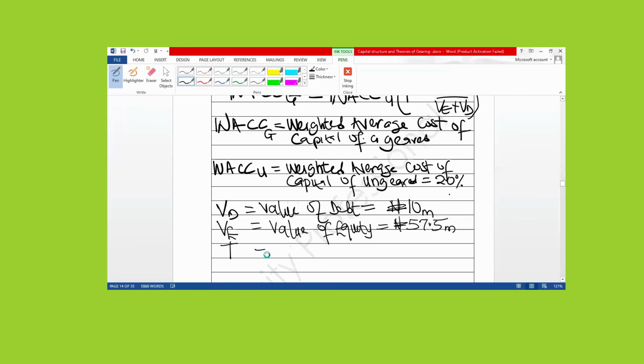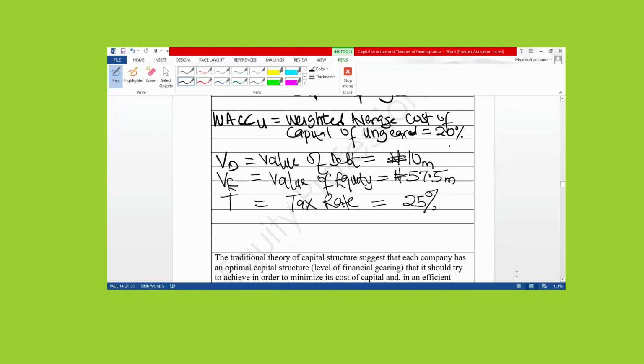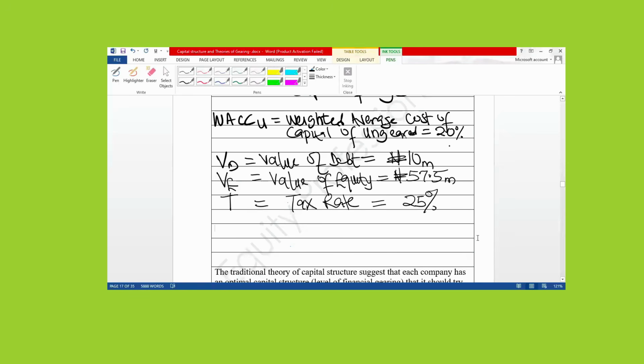Your T, tax rate, 25%. Can apply the formula. You can apply the formula now. Please let me expand this more.